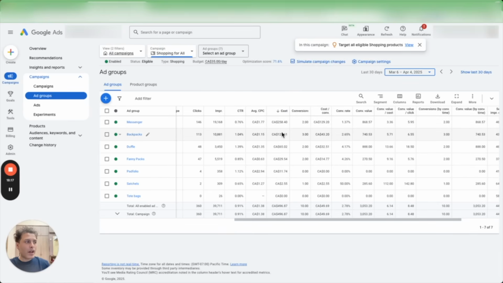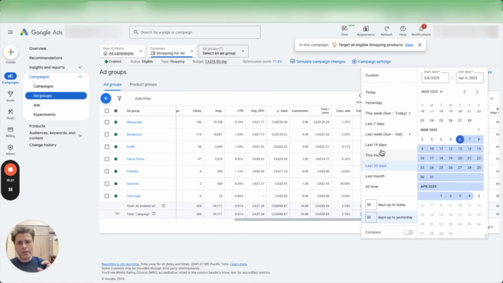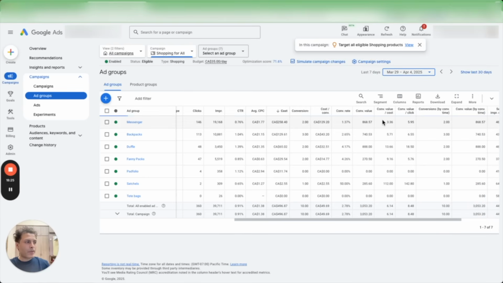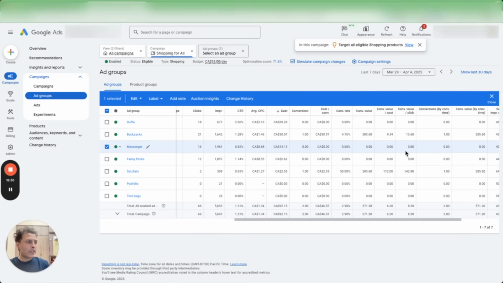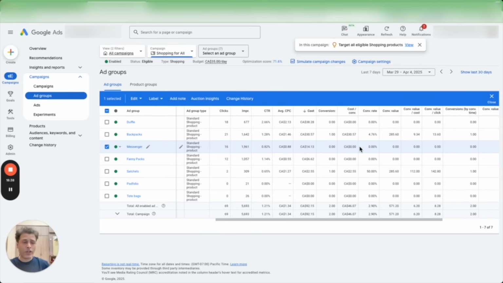Because I report to this client on a weekly basis, I can check the last 7 days, and the messenger bags haven't got us anything. That's why it's not spending that amount of money, only $14. That change has already been done.